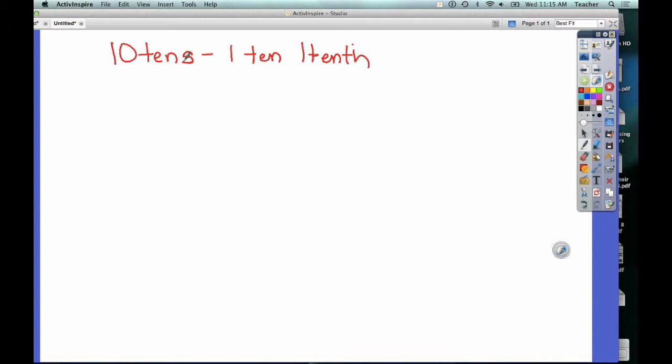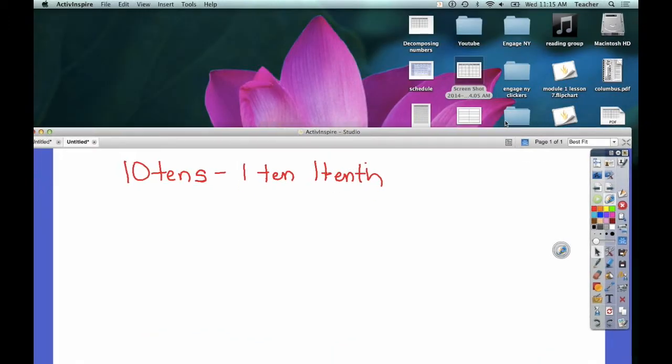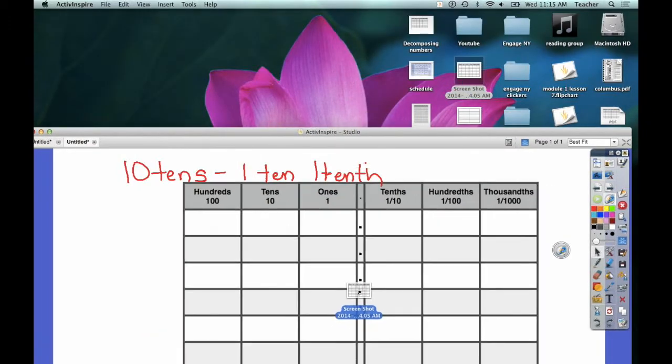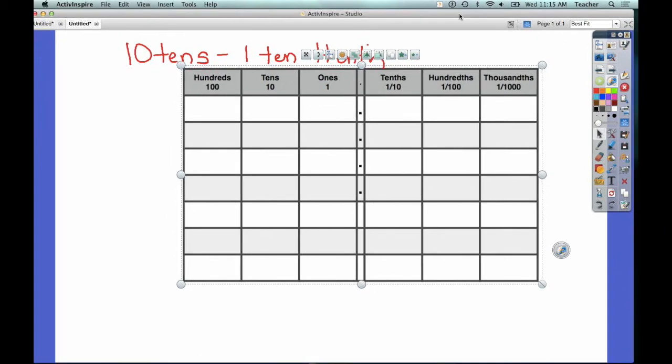What if I pull my place value chart into this again? How many tens do I have? 1. How many tens does it say I have right here? Oh, 10. I have 10.